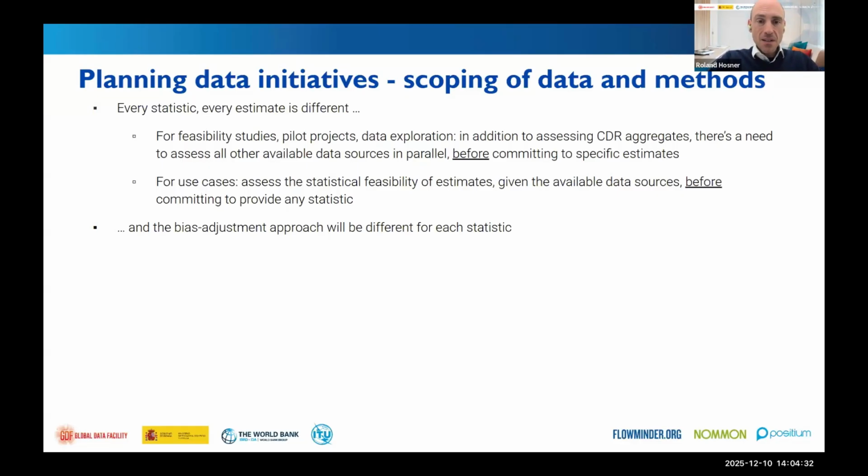And keep in mind that the bias adjustment will be different for each statistic in most cases. So there's not just one formula to be used, but probably, depending on the outcome statistic, different data sources and thus different parameters to be used.